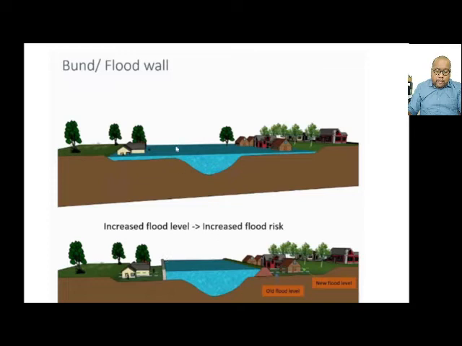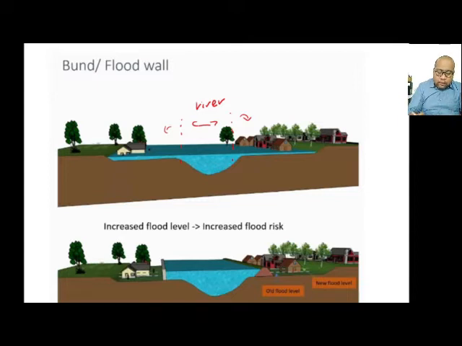We have this area, this one is the main river, this one is the river, and at a certain level, when the water overflows, it will enter the residential area, the floodplain.